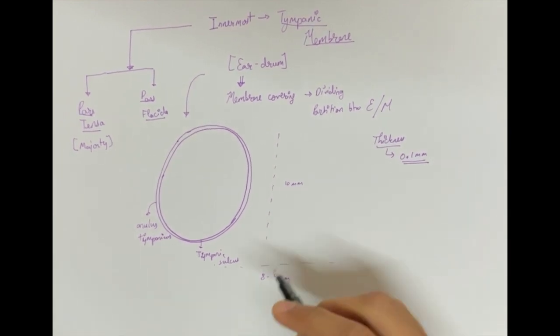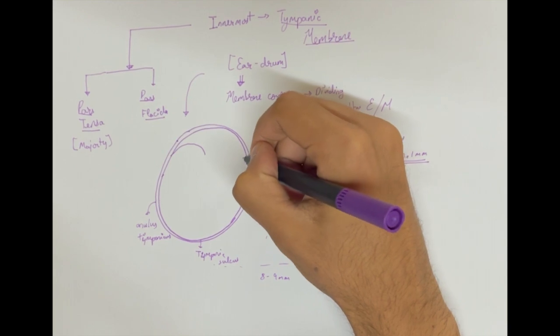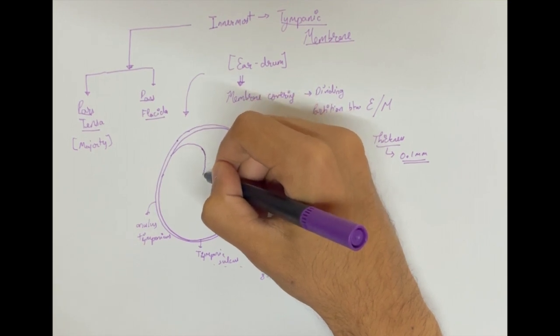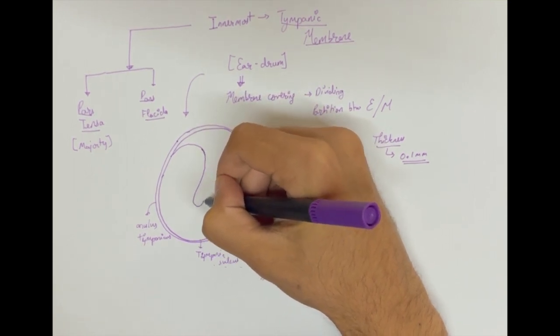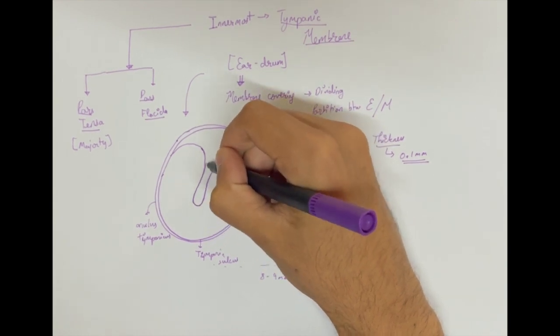Then we have the posterior and the anterior malleolar folds. We call them the malleolar folds because they are in relation with the manubrium, or the handle of the malleus. Malleus is the first ear ossicle.